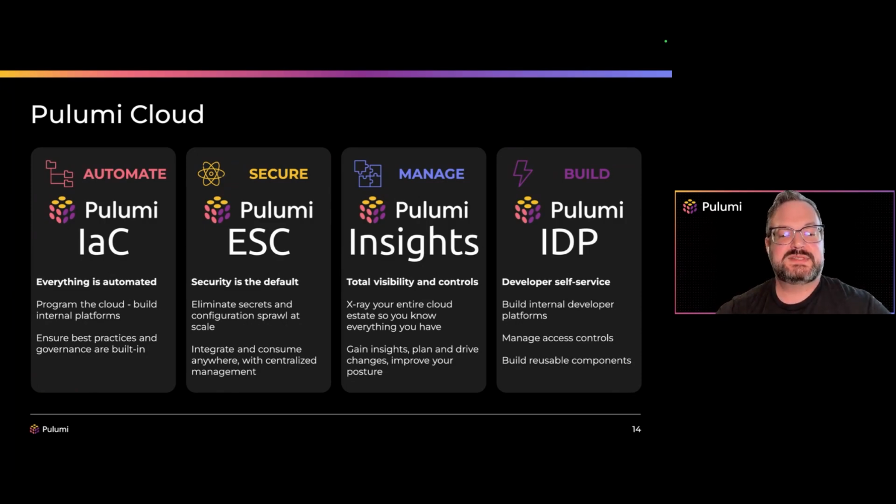Next up, we have Pulumi Insights, which is our cloud inventory tool. You can see and search all of your Pulumi managed resources across your stacks. You can even ask our Copilot AI human language questions about your infrastructure. And if you have resources in the cloud that aren't managed by Pulumi programs, if you give us credentials, we can scan, say, your AWS account and retrieve that state data in Pulumi Cloud for unmanaged resources.